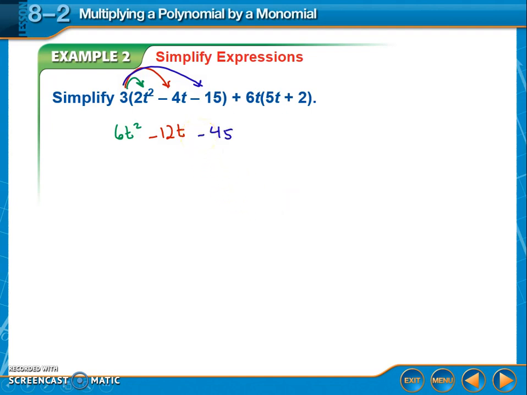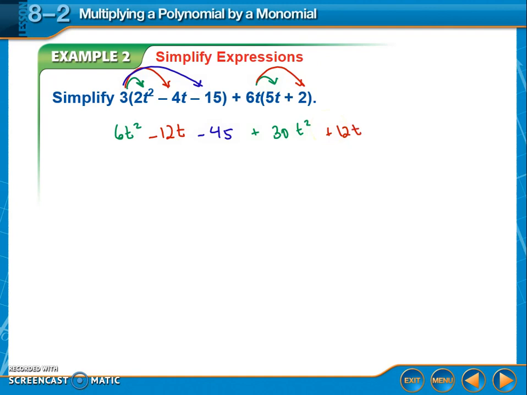And then I do the same thing over with these ones. 6t times 5t, and that's going to be 30t squared, t times t squared. And then 6t times 2, and I get plus 12t.